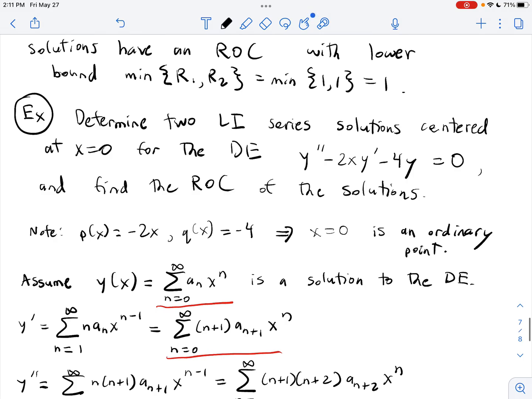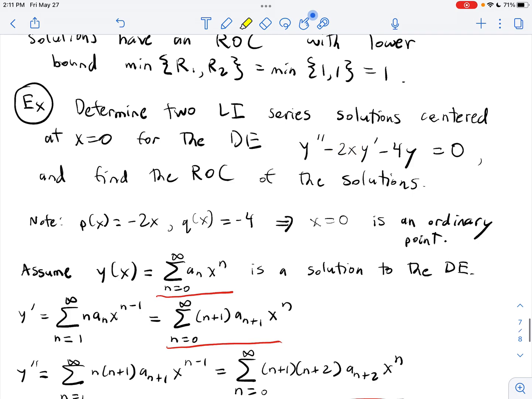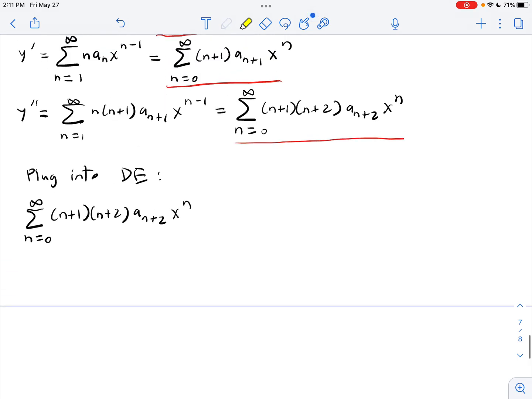So again, look at the original differential equation, right? This one's a little different because we have the 2x right here. So don't forget about that. That's got to be multiplied by the series, right? So coming back to here, we have minus 2x times the other series.